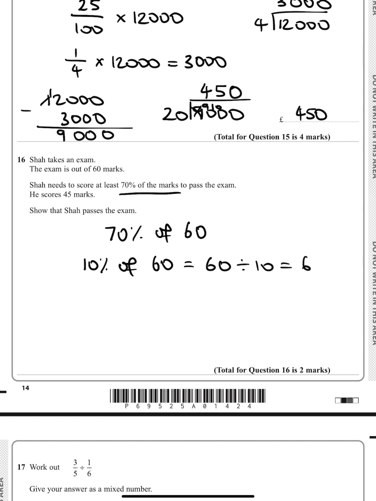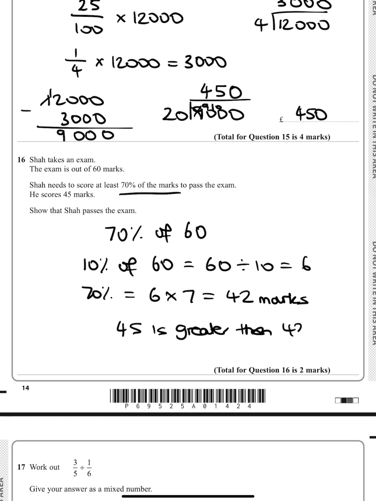And we're looking for 70%, so we're going to times 6 by 7, which gives us 42. So the minimum amount of marks needed would have been 42 marks. And Shah scores 45 marks, so we're going to say that 45 is greater than 42. So therefore, Shah passed the exam.